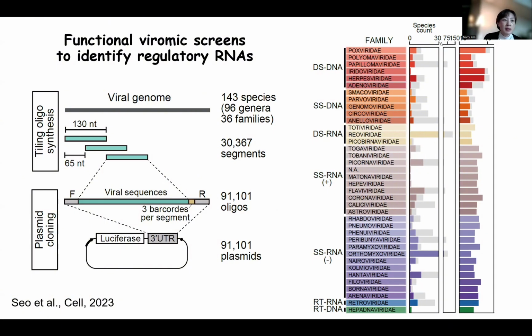So we made oligos with over 30,000 segments, and with 3 barcodes each, we generated over 91,000 oligos and inserted them into the 3' untranslated region of the luciferase reporter gene.